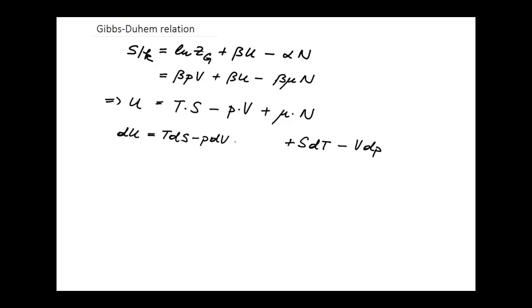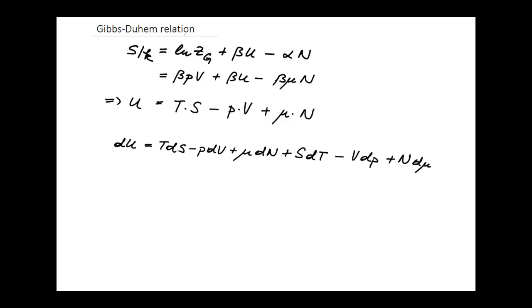And then I have plus mu dN plus N d mu. The reason why I grouped it in this way was that the first three terms are differentials of extensive quantities, whereas the last three terms contain differentials of intensive quantities. So the T, P, and mu are all intensive.